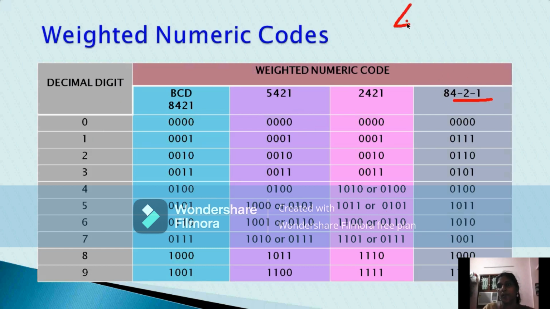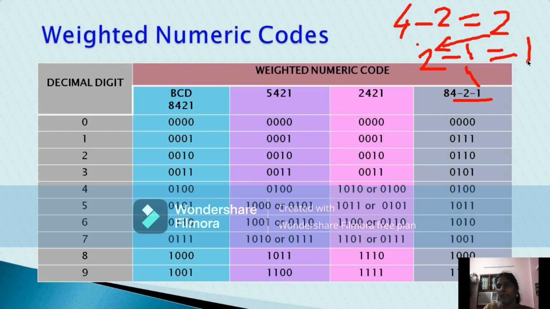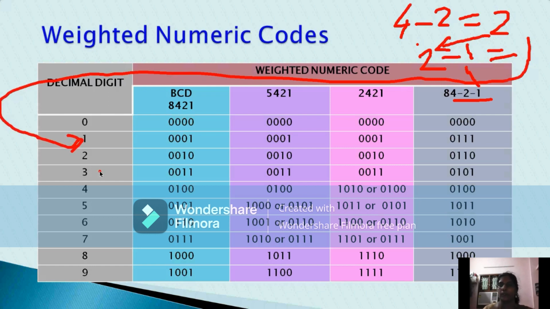Take this 4 minus 2 equal to what? What is the answer? 4 minus 2 equal to 2. That 2, minus this 1, equal to what is your value? 1. That is your 1.